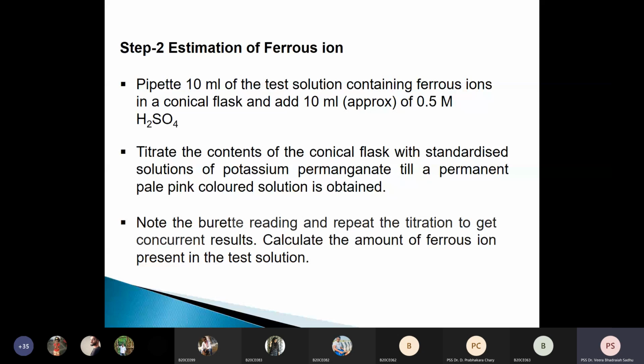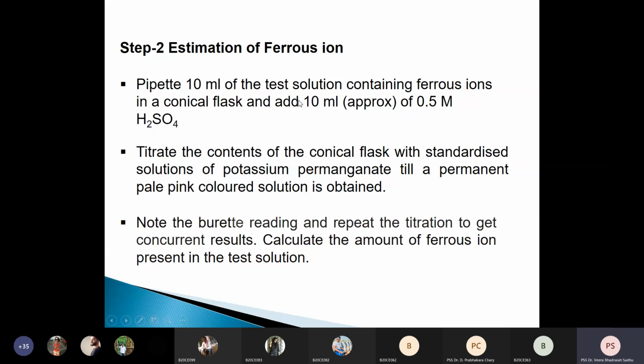In the first step, since it was a slow reaction, to speed up the reaction between oxalic acid and potassium permanganate, we heated up the conical flask before titration. But here the reaction is already faster at room temperature, so you don't need anything.